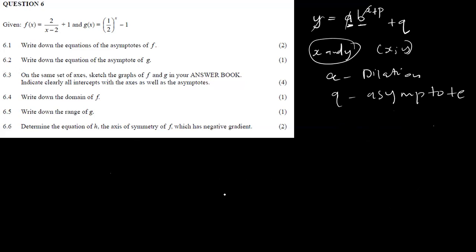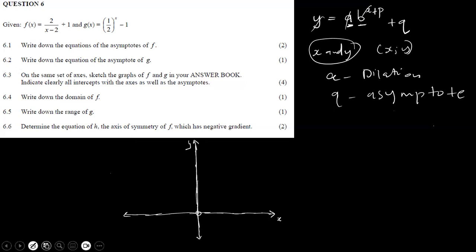Now, I'm going to draw two graphs. Let me show you something. Let me draw it here. This will be my Cartesian plane, right? And therefore this will be our y-axis, and this will be our x-axis, and this will be the origin.